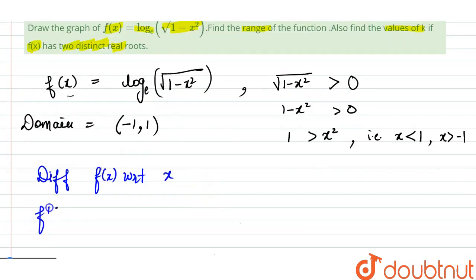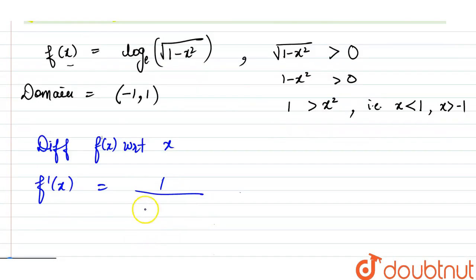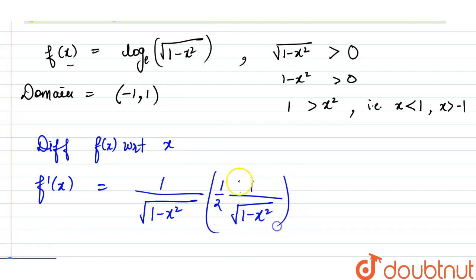So this will give f dash x. Now the derivative of log function is 1 upon under root 1 minus x square. Then by chain rule, derivative of under root 1 minus x square will be 1 upon under root 1 minus x square, and this is 1 by 2 in the multiplication.